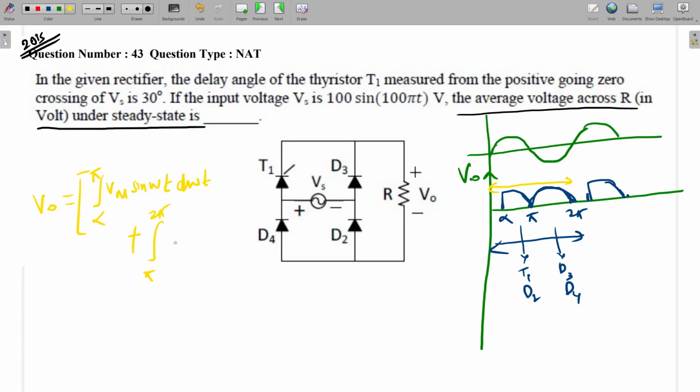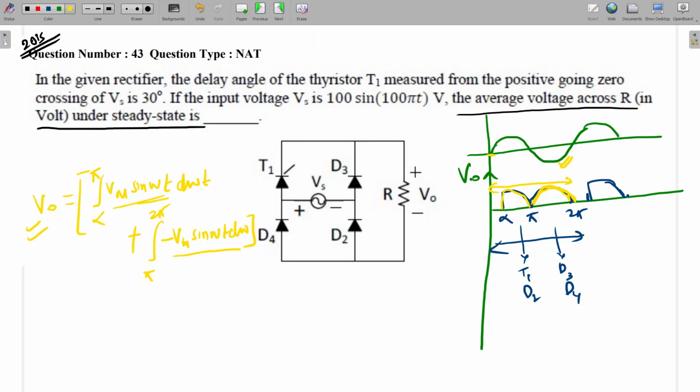See, this will be a reverse of this one. So here it will be minus Vm sin omega t d omega t. Is it clear to all this equation? Here only sometimes we can make a mistake. We will simply put a plus sign, but this waveform is a reversal of this. So here to here it will be minus Vm sin omega t, and here to here it is the same waveform, so it will be plus Vm sin omega t.